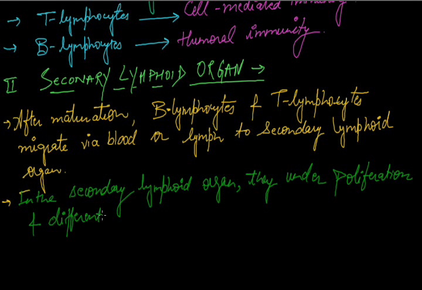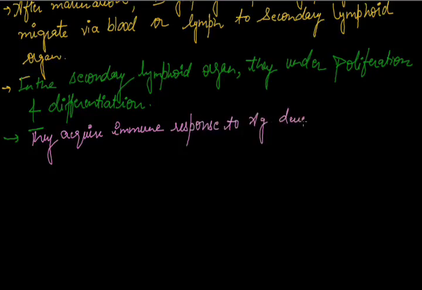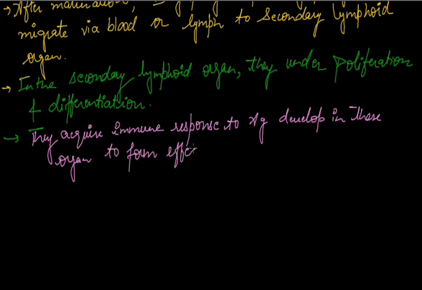They acquire immune response to antigen developed in these organs to form effector cells against a specific foreign molecule. As we have discussed, secondary lymphoid organs include lymph node, spleen, tonsils, Peyer's patches, and MALT.